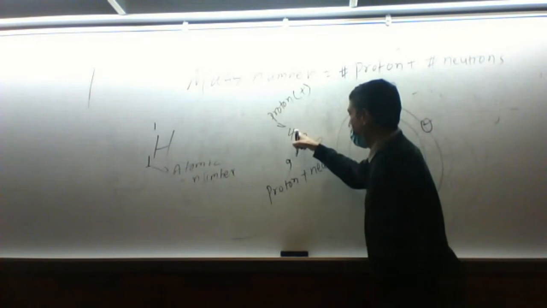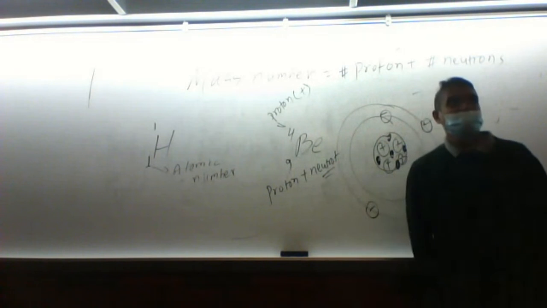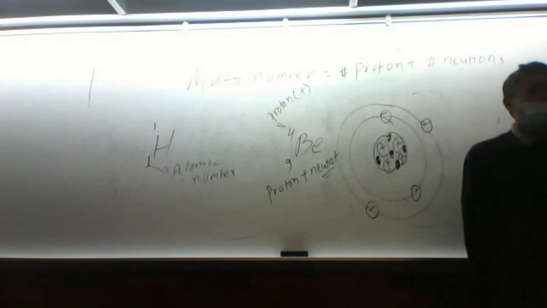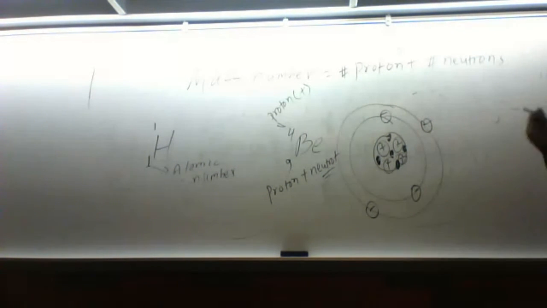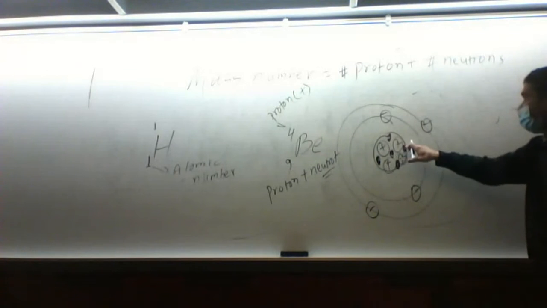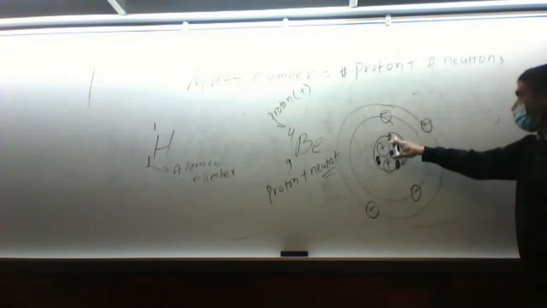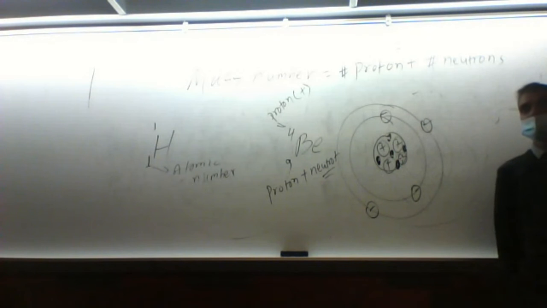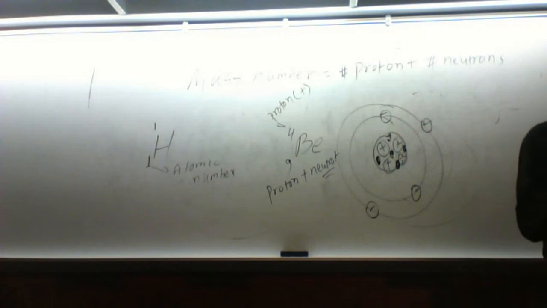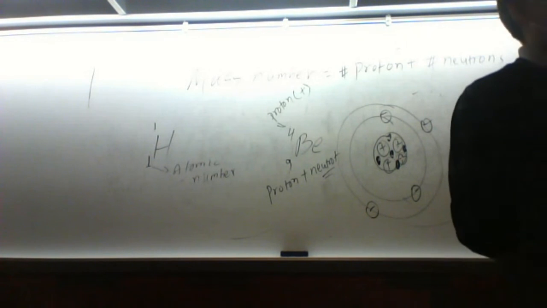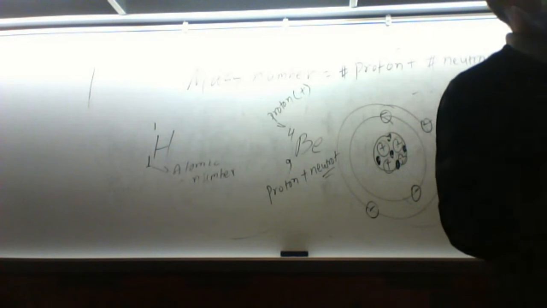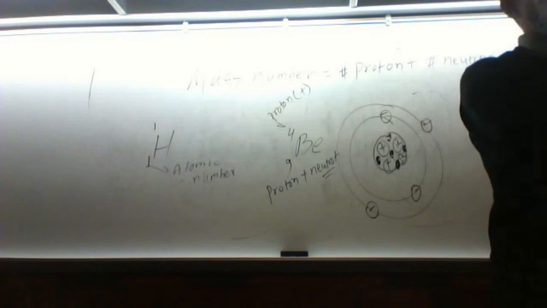If you subtract the small number from the big number, you get the neutron number. Right? Good. So total here is 1, 2, 3, 4, 5, 6, 7, 8, 9. If you subtract 1, 2, 3, 4, you will get 1, 2, 3, 4, 5. Okay? So the mass number is neutrons plus number of protons. Atomic number is just the electrons.